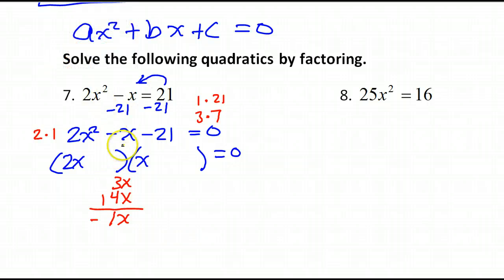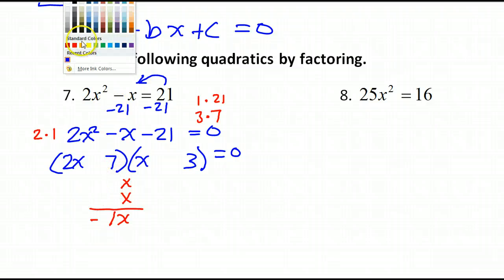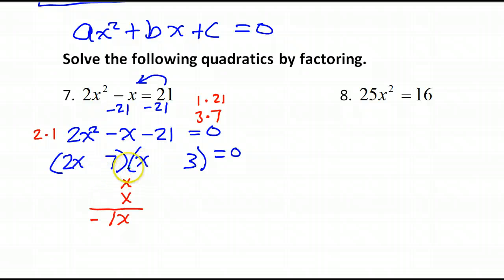So I will try putting the 7 here and the 3 there. I've just reversed them. Let's see if that makes a difference. Inner plus outer has to equal the middle. Inner, I have 7x now. Outer, 2 times 3, I have 6x. Oh, this is looking more promising. Is there any way, if I choose the signs right, that this will make negative 1x?